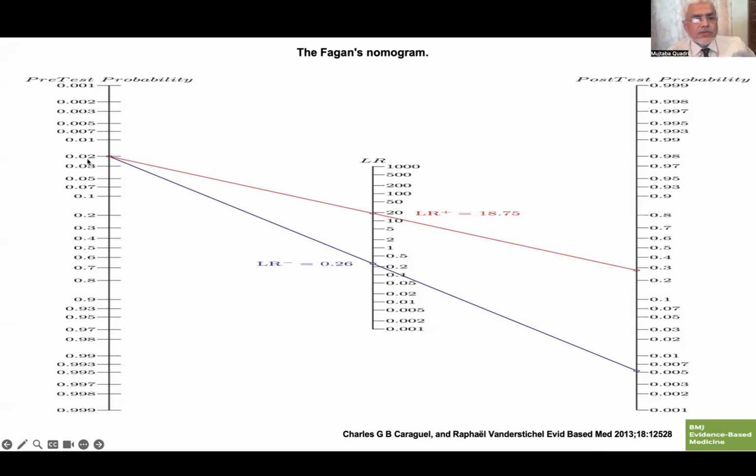For instance, here, if you started off at a probability of 0.02, you went up with this test with a likelihood ratio of 18.75 to a probability of 0.28, about a 14-fold increase. And likewise for a negative likelihood ratio, it can decrease the post-test probability.